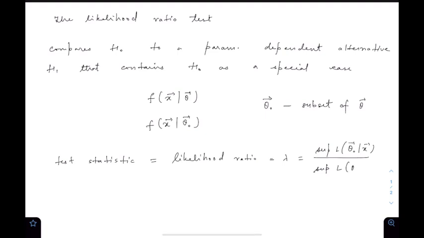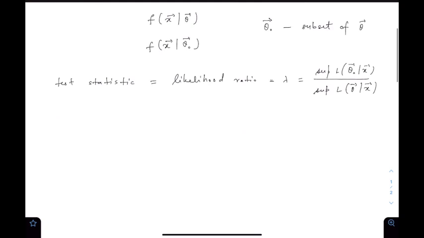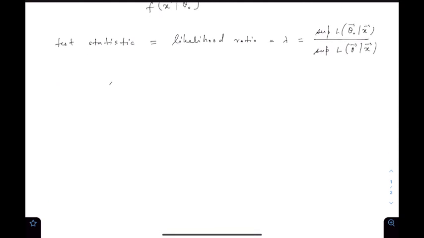As a matter of fact, it is the ratio of the supremums of the two likelihoods, or equivalently in terms of logarithms, the difference of the supremums of the log likelihoods.